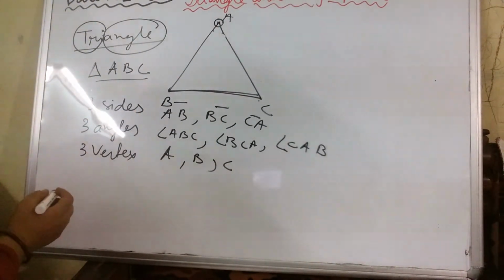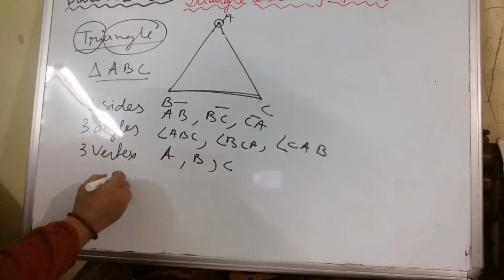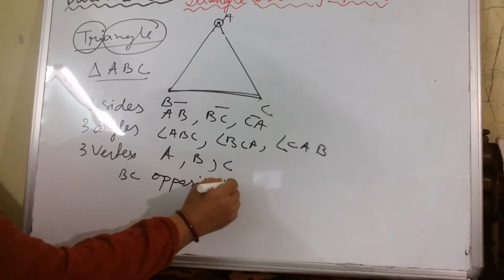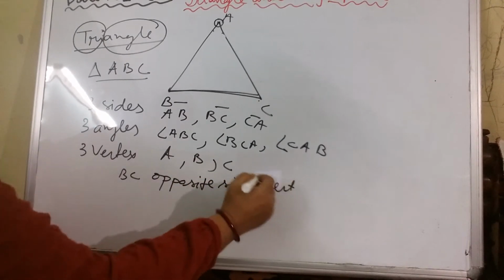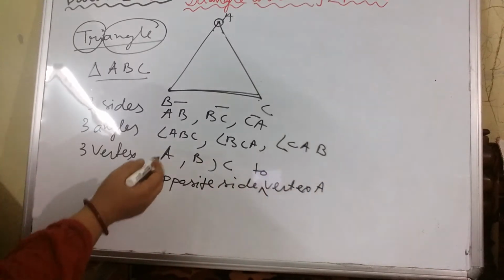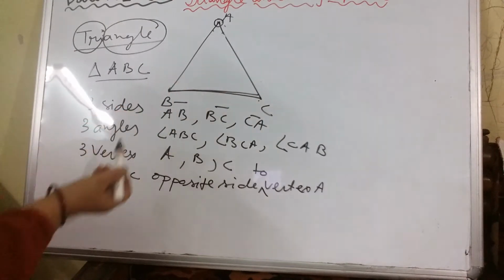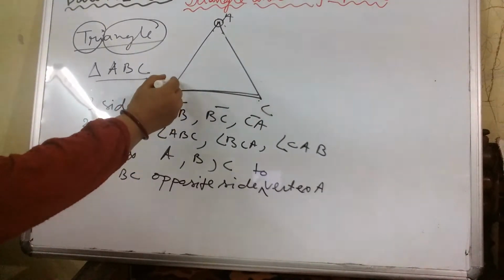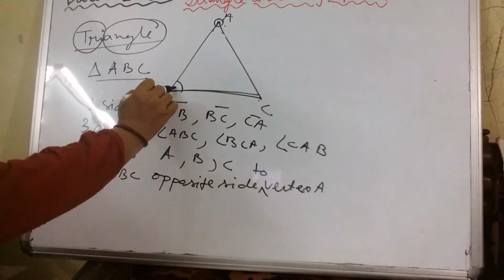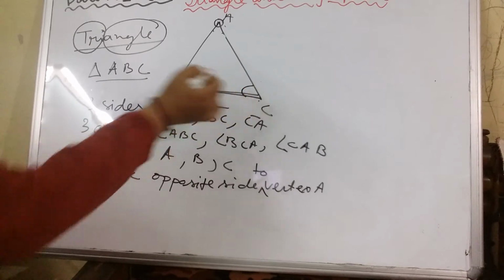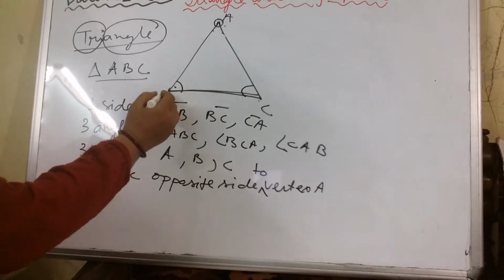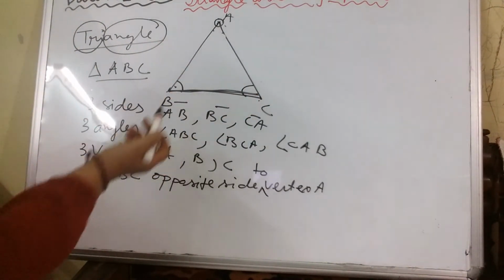So BC is the opposite side to vertex A. Same way, this CA is opposite side to vertex B and this AB is opposite side to vertex C. And if we consider this line segment BC, what is the opposite angle?